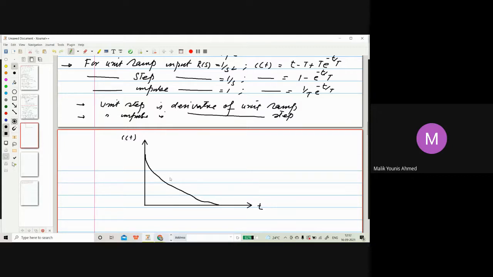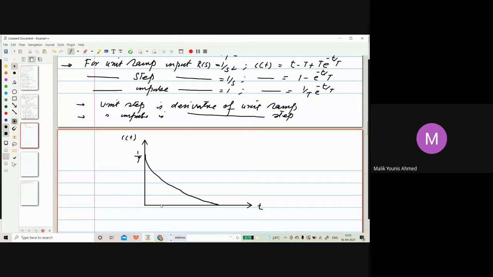Okay, the curve is not so smooth because I don't have anything to draw the curve with. It should be a smooth curve. Okay, so let us say this is 1 by T, because if we take the value e raised to the power minus t as 0, the maximum value will be 1, so the value will be 1 by T at the maximum.